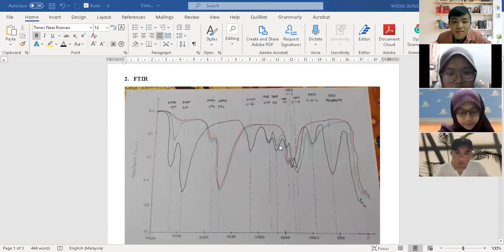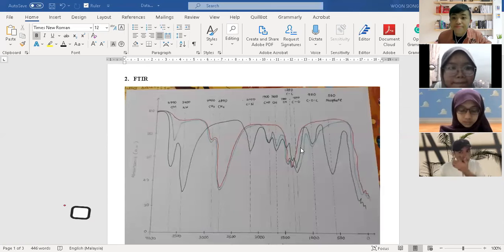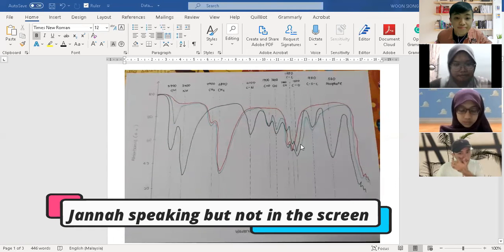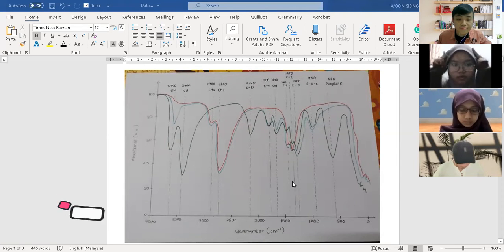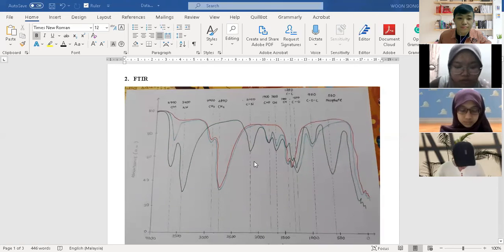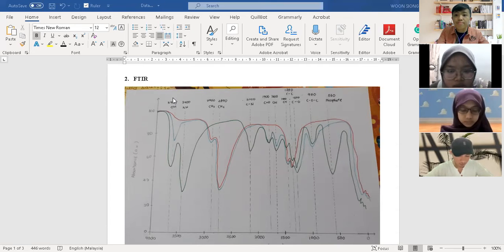So we assign Jannah and also Atikah. Okay. So FTIR stands for Fourier Transform Infrared Spectroscopy, and it is a quantitative analysis that we use to identify the free functional groups present in the sample.